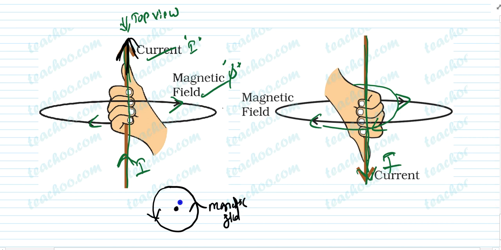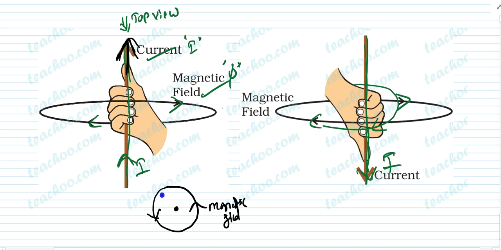With respect to the digital board, the dot shows that the current is coming outward from the digital board, and the magnetic field or magnetic flux direction is anti-clockwise.